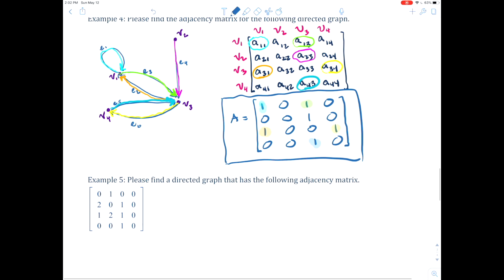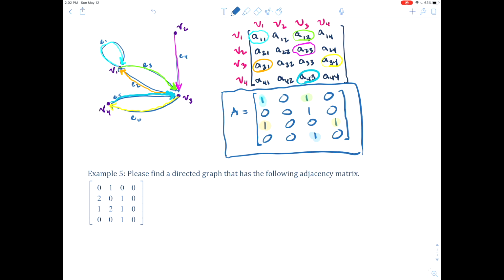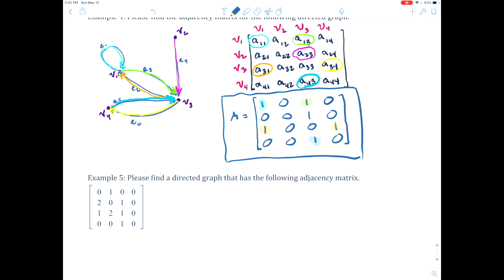Okay, so I highlighted the corresponding arrows, and hopefully that helps you. All right. Now in example 5, we're finding a directed graph that has the following adjacency matrix, and there are different ways one could draw this graph, just so you know.